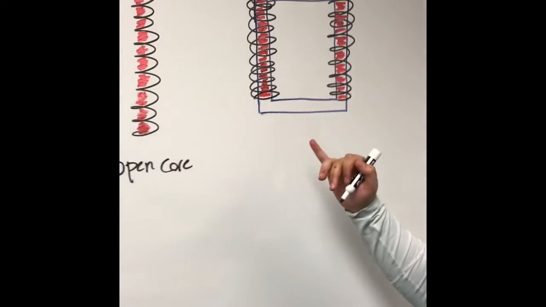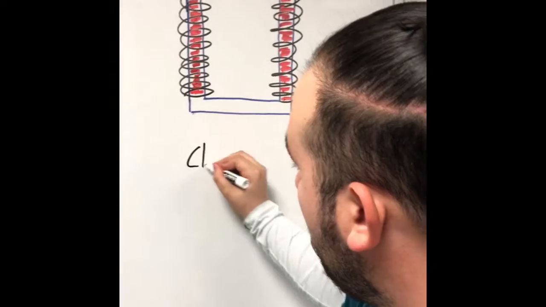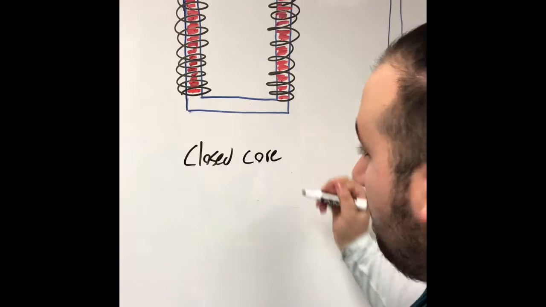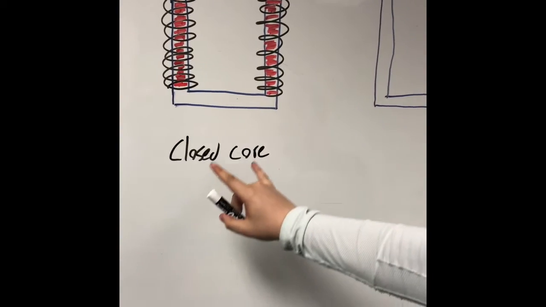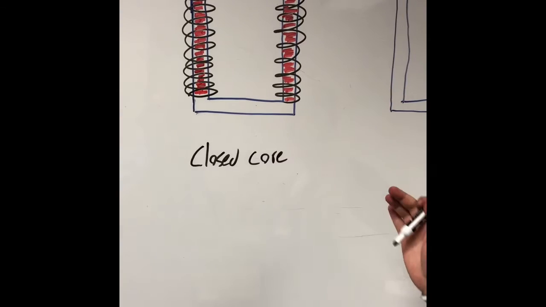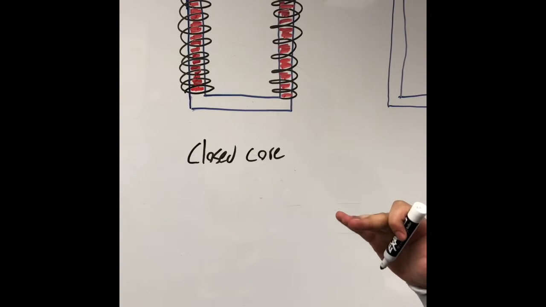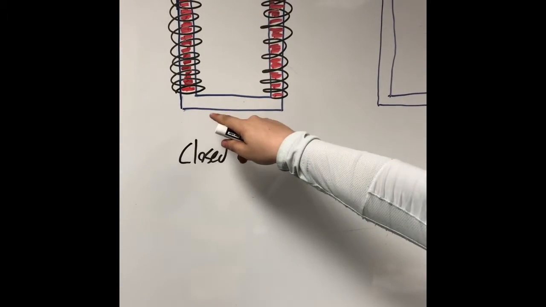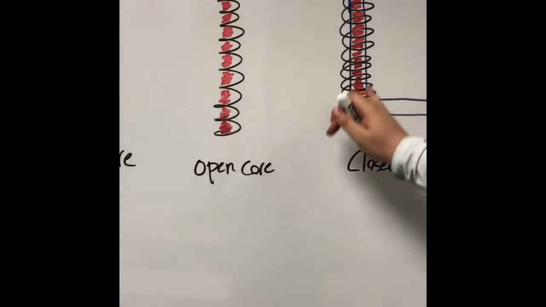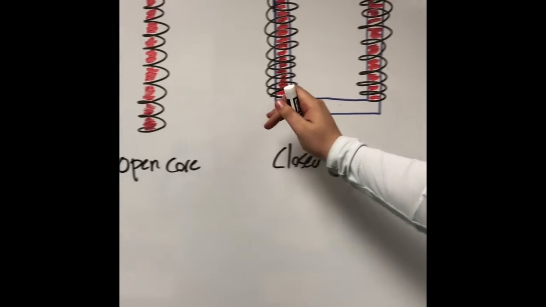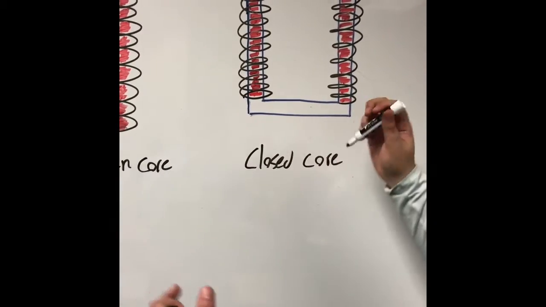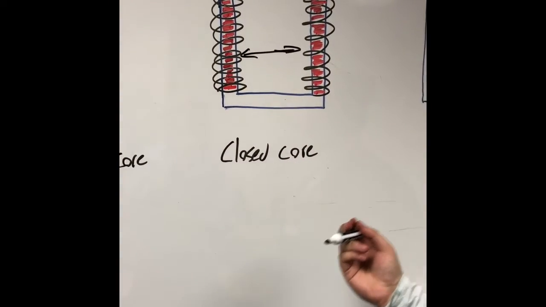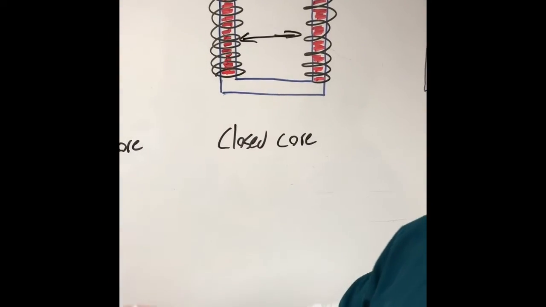So now we move on to a closed core, which is the most common found in X-ray circuits, because now you have closed in the top of the coil or wire, so it creates a stronger electromagnetic field. Even though you have the same iron core running through the solenoid, it increases it because now you've closed off the top, and now it's able to facilitate mutual induction better than an open core or air core.